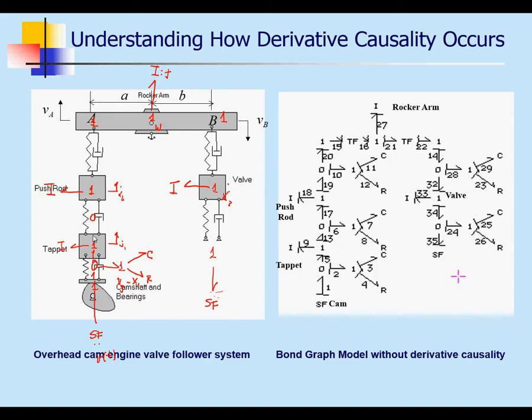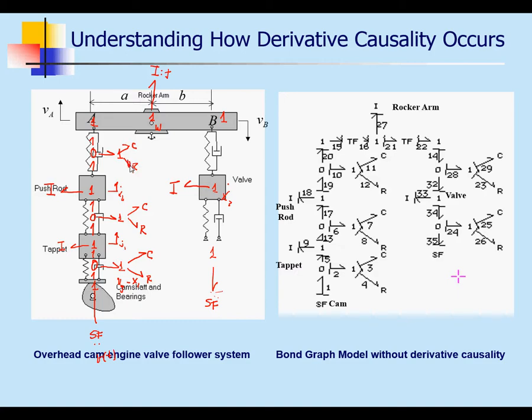We're going to do the same thing over here. This is the velocity difference, and then there is a C element and an R element. And in here you have a third set of the same type of element, where you have a C over here and an R over here.